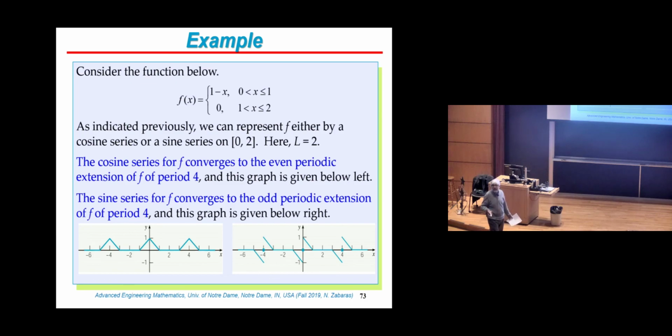Can I use anything? The answer is yes. All right? Now, why should I use an even expansion or an odd expansion? Because you get cosines and sines only, and it makes the calculations easier.